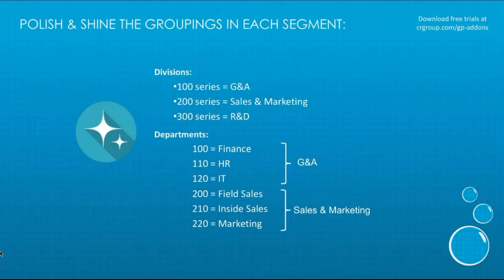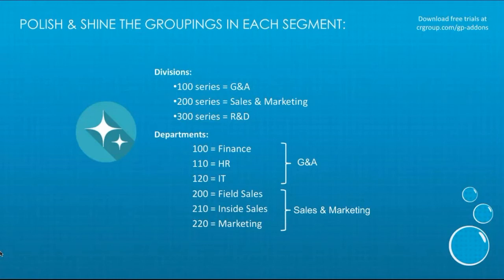In this example, we could say the 100 series departments make up G&A. The 200 series departments make up sales and marketing. And you get the idea. So if I do this, I don't need an extra segment in my GL structure to tell me this is G&A and an extra segment to tell me this is sales and marketing. It's implicit in the numbering sequence we've chosen for that specific segment.